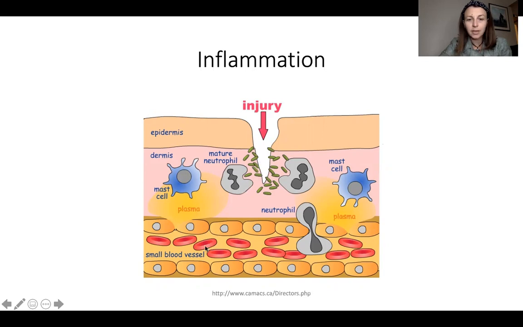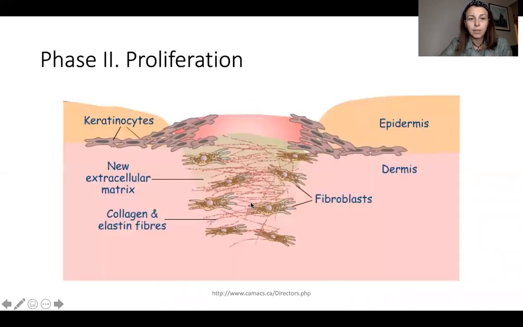Here we can also see that there's a small blood vessel, and it's going to become leaky. Remember, the chemical release triggers it to become leaky, and then these neutrophils are going to come out to start that repair process.